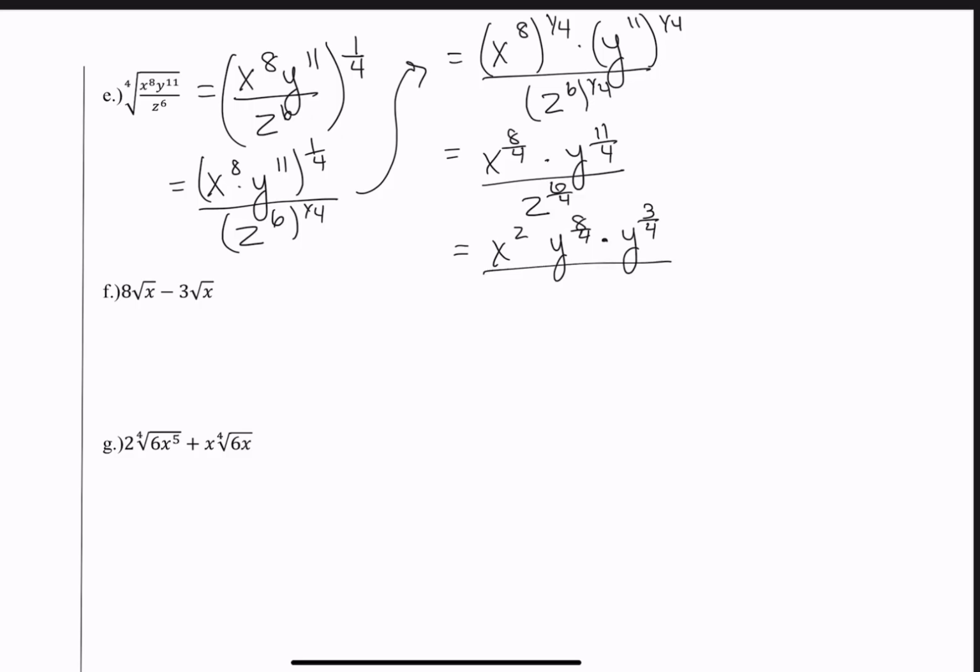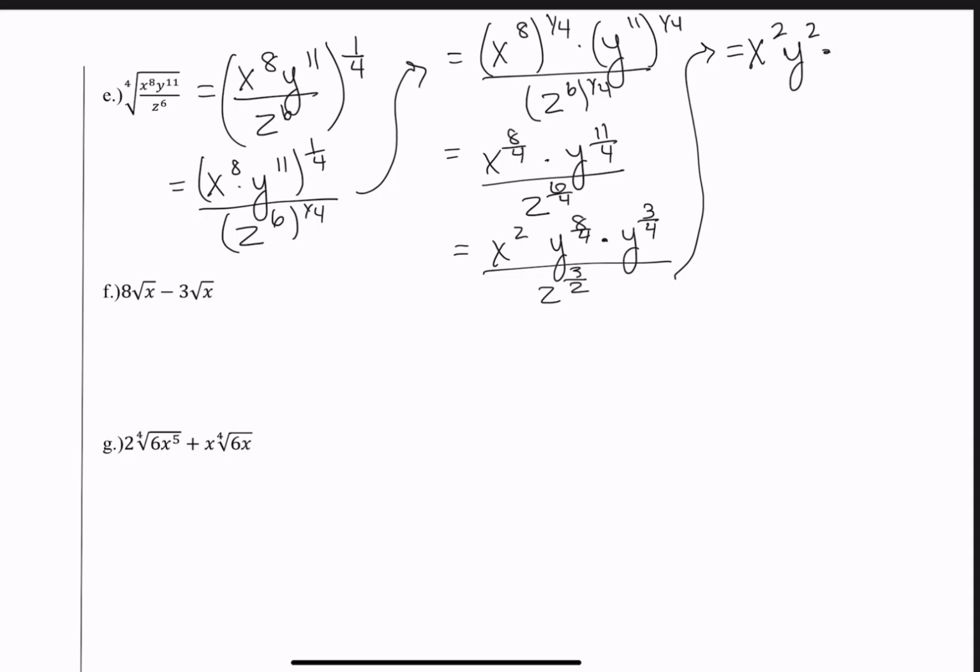Now with z to the 6/4, I can do a couple of moves here. I think the best way to go is to reduce first, because you're going to have to reduce eventually. Otherwise, I could go ahead and figure out how many wholes I can get out of 6 using a denominator of 4, but I could also do that using a numerator of 3 and a denominator of 2. All right, I'll move up here. So now I've got x squared, y squared, and there's nothing I can do with y to the 3/4.